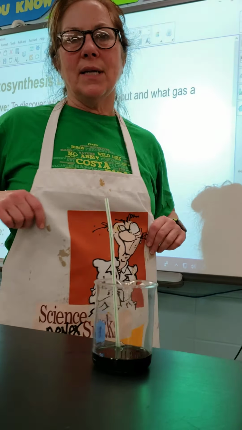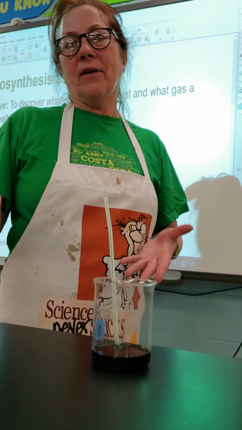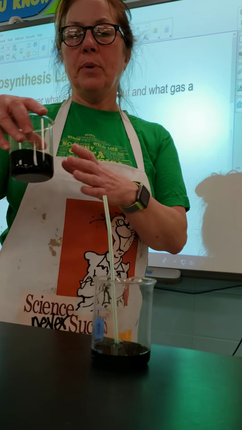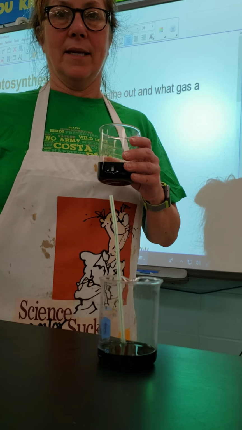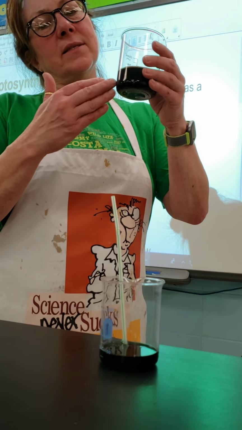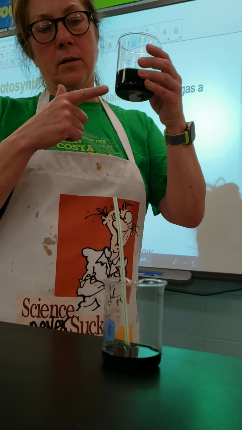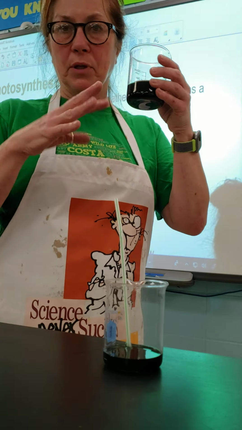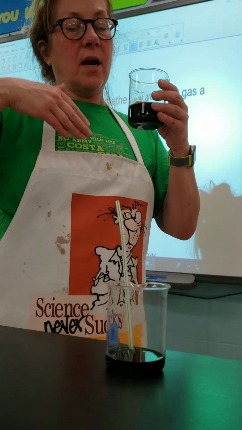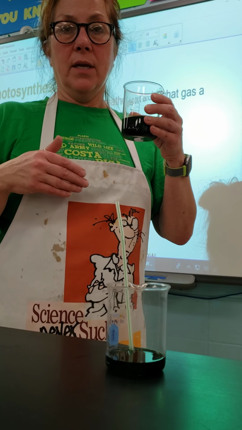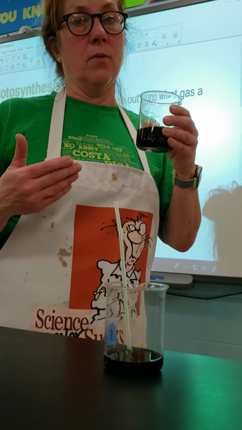An indicator means it tells you when you have something. So BTB is an indicator for carbon dioxide. So in the presence of oxygen, BTB is bluish green. When there's carbon dioxide in the liquid, BTB turns yellow.